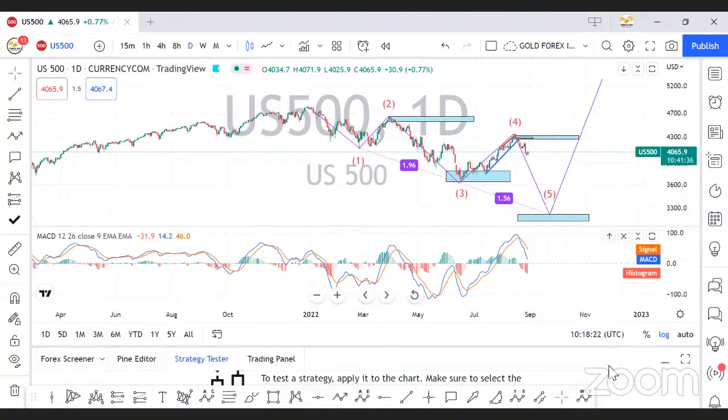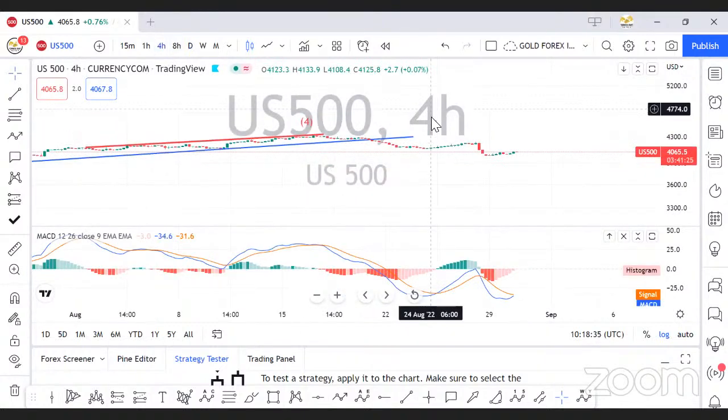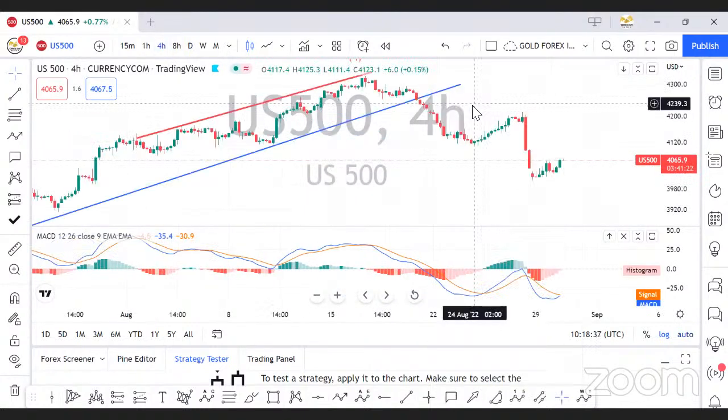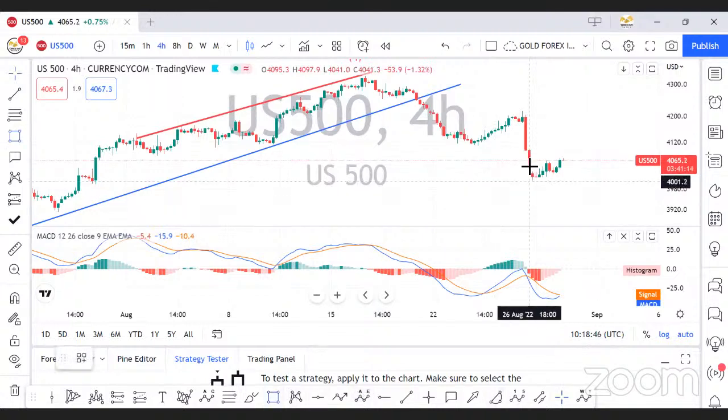So over here, I want to see a little buy move to these levels, then I'll join the sells. Maybe I'll join the sells around these levels.